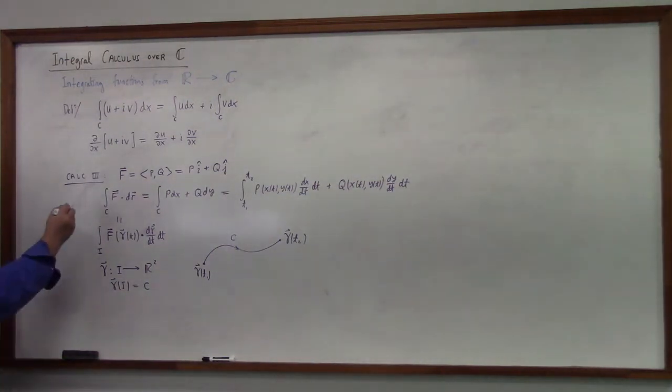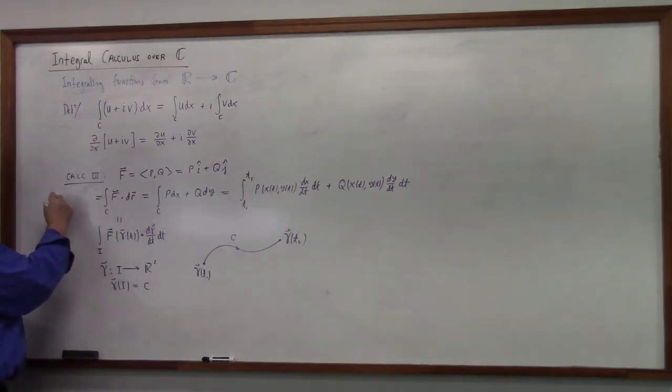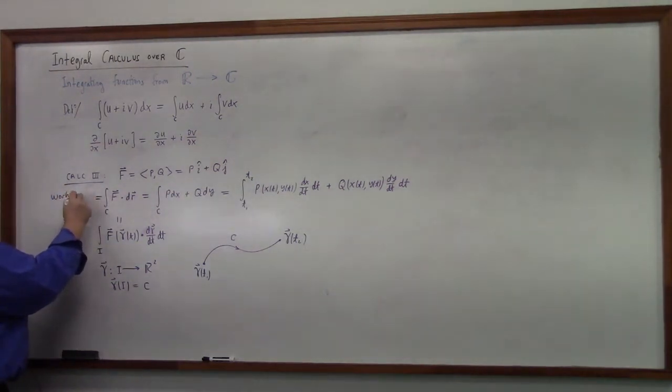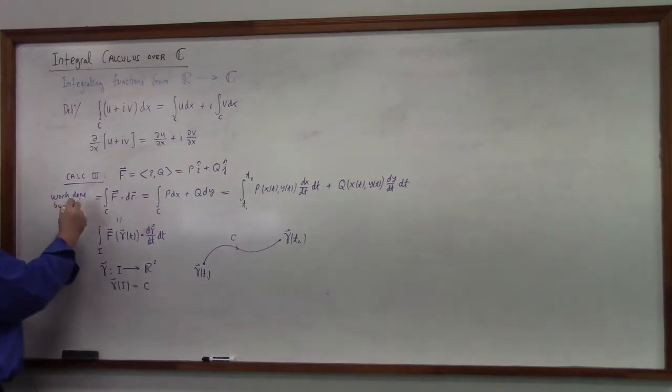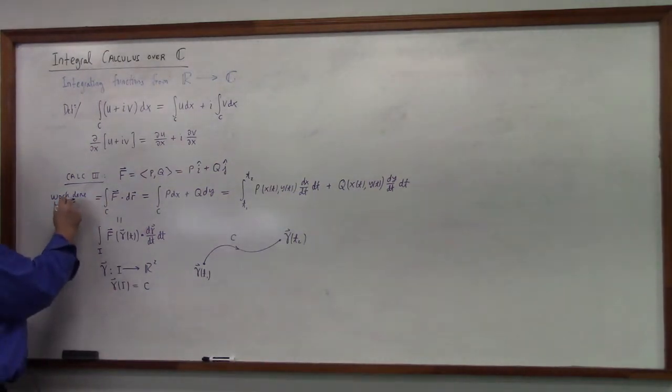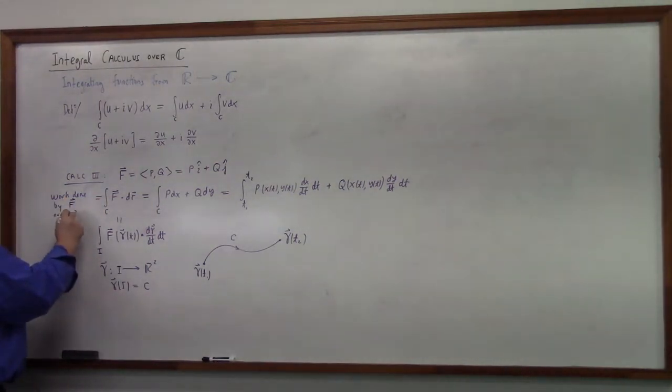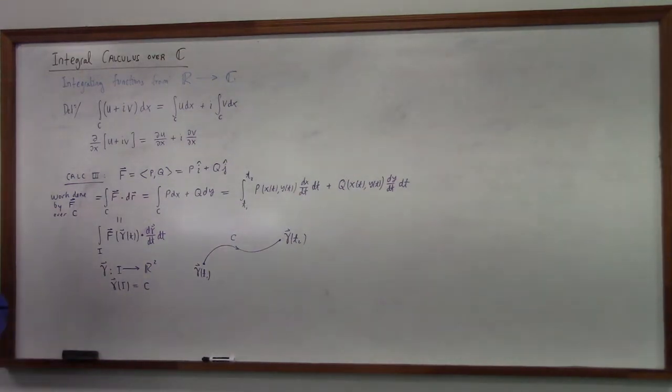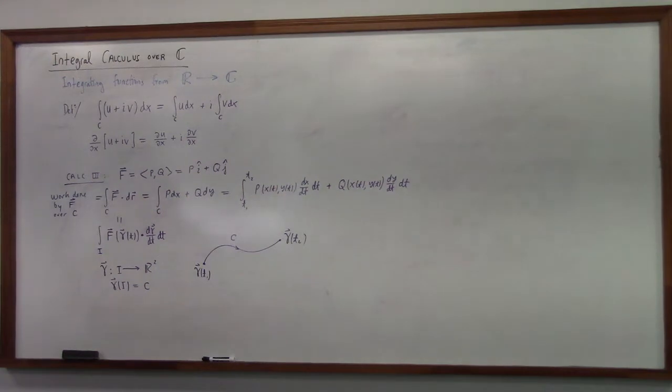Physically, this is equal to the work done by F over the curve C. All right? And so that's just a quick review of how we define the line integral in Calc 3.